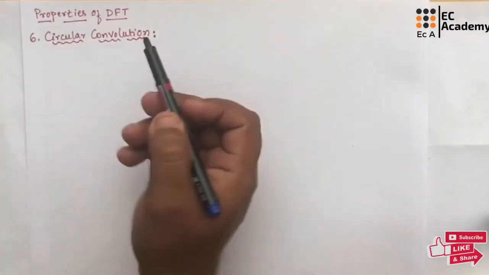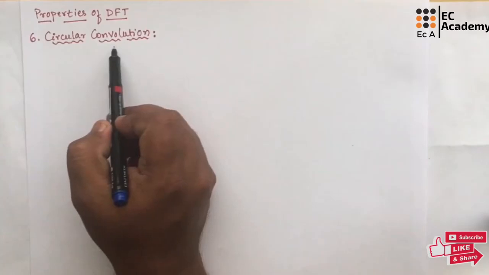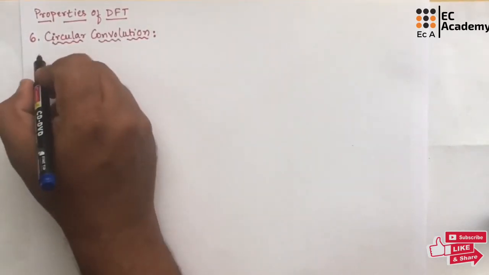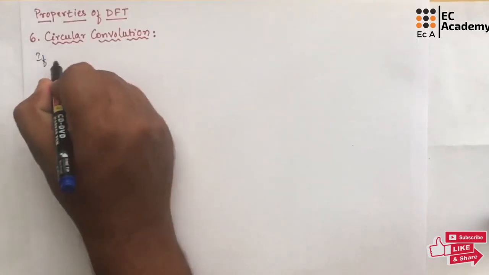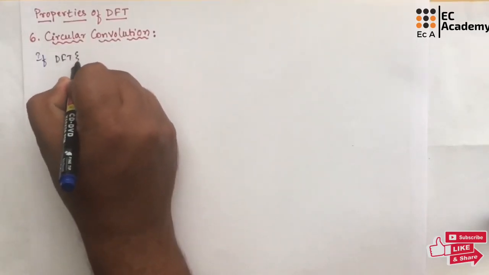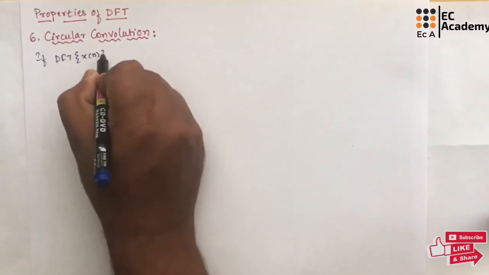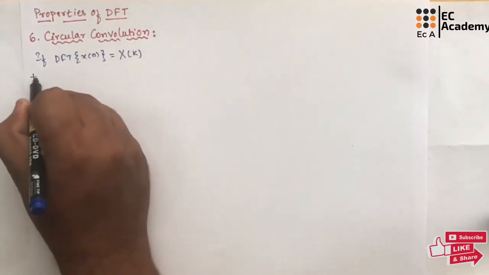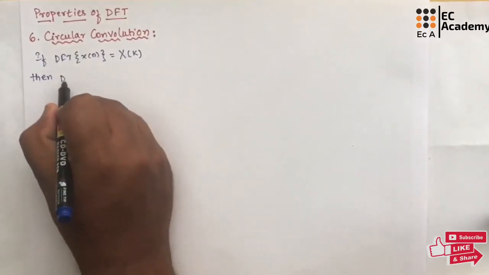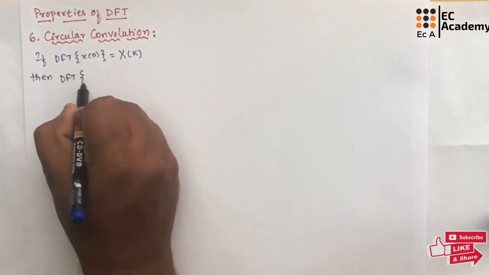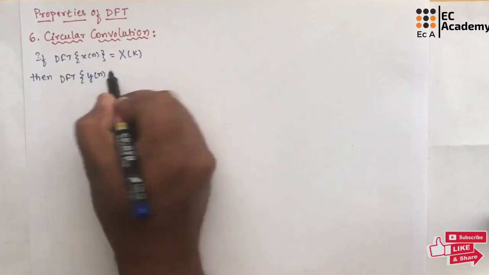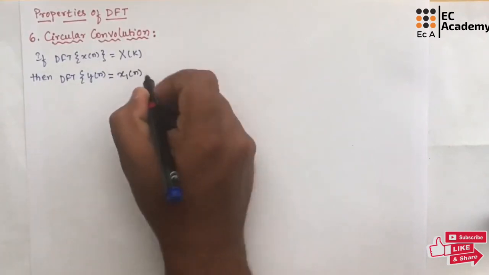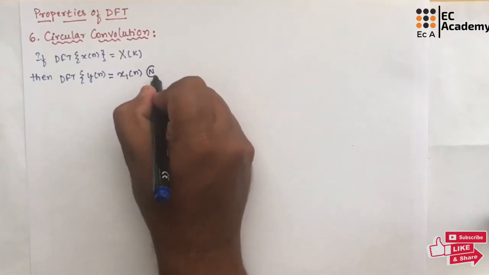In this lecture, let us understand the circular convolution property of DFT. Now let us write this statement. If DFT of x of n is equal to capital X of k, then we can write DFT of y of n, which is a new sequence, will be equal to x1 of n with a circle.